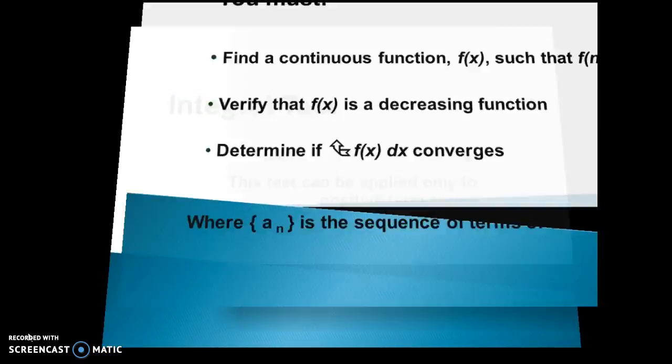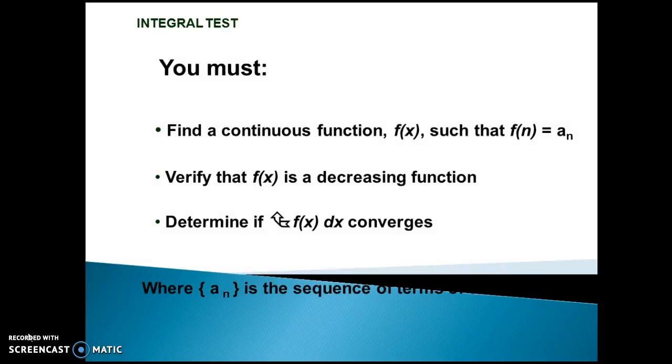Integral test: you must find a continuous function f(x) such that an = f(n). Substitute n = x, and verify that f(x) is a decreasing function.